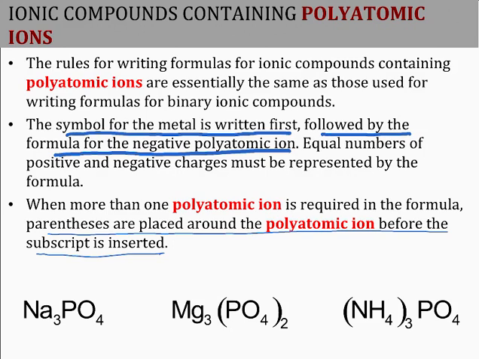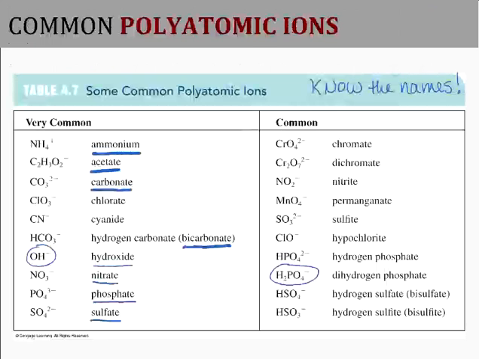Now, remember, we do have one positively charged polyatomic ion, so let's go back. In this table, you'll notice that all of the polyatomic ions have negative charges except for ammonium. It has a positive charge. And so ammonium can actually take the place of a metal ion because it has a positive charge, and metals are usually positively charged.